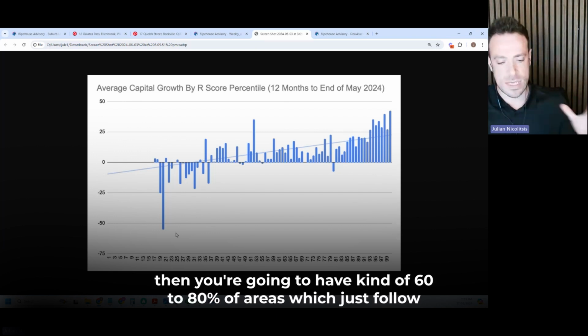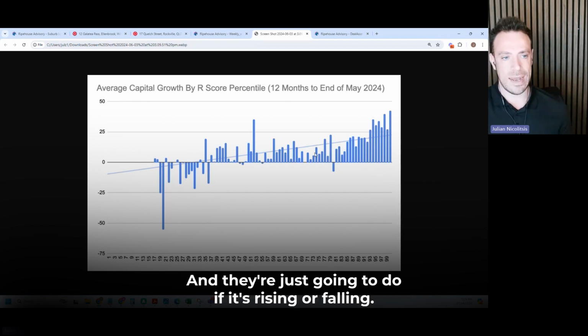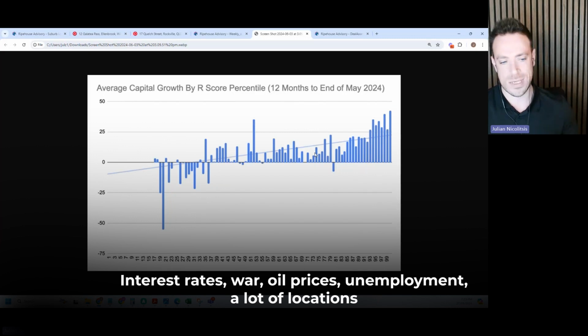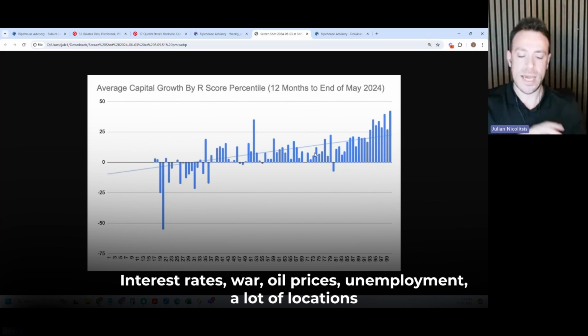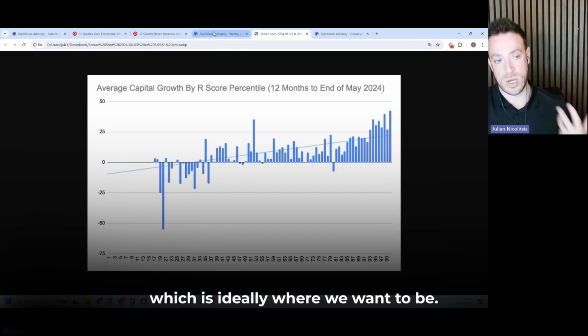Then you're going to have 60 to 80% of areas which just follow the general macro economy, whether it's rising or falling, interest rates, war, oil prices, unemployment. A lot of locations are just going to follow the general economy. And then you've got your top 10% of performance, which is ideally where we want to be.